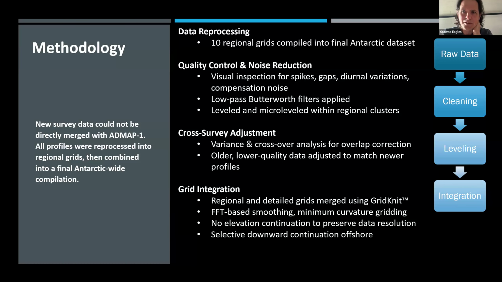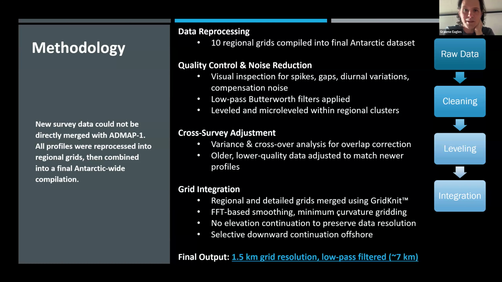But typically what he's doing is applying, at a very high level of skill, well-known techniques for combining line data together using procedures known as leveling and micro leveling. So what tends to happen is that when you've gathered your data and you plot the individual profiles of magnetic anomaly data over each other, you can see, despite the expectation that where 2 lines cross each other they should have measured exactly the same magnetic anomaly value, that they don't.